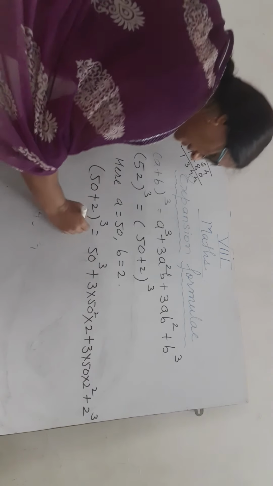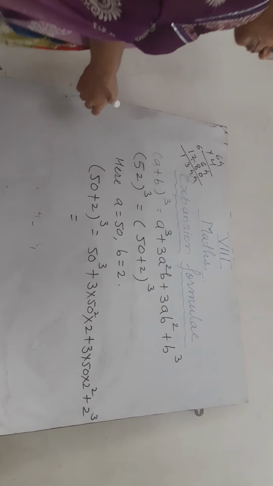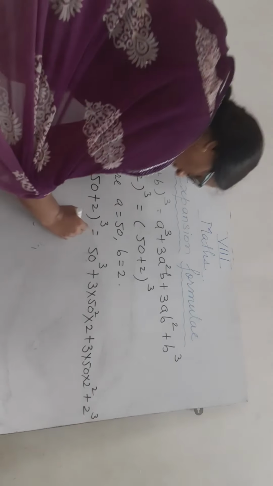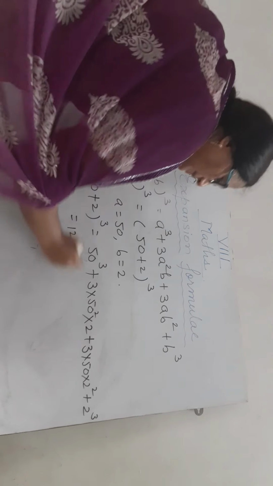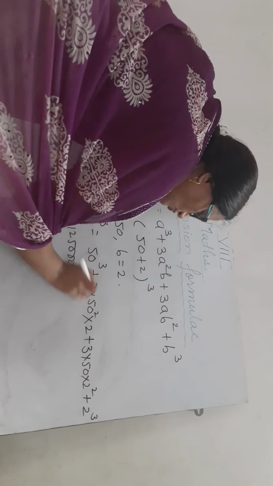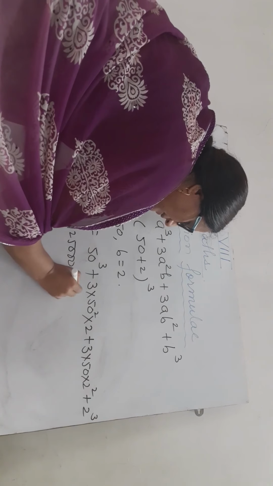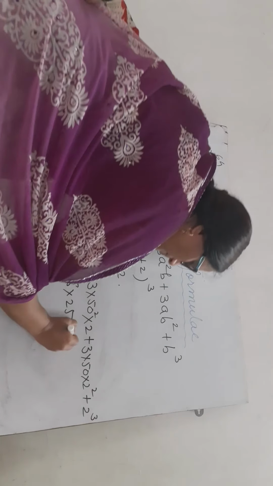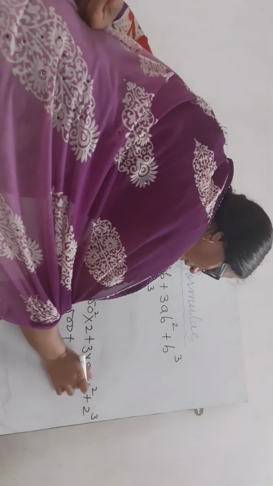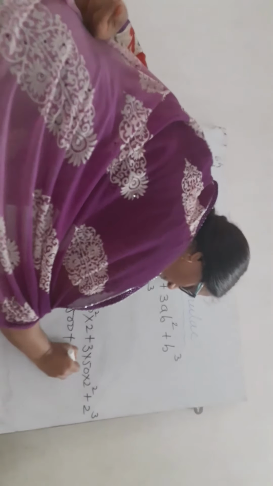Like this, is equal to, what is the cube of 50? 5 5s are 25, 125 and 000, plus 3 2s are 6, 6 multiplied by 50 square, plus 3 multiplied by 2 square, 4, 4 3s are 12, multiplied by 50, plus 2's cube is 8.